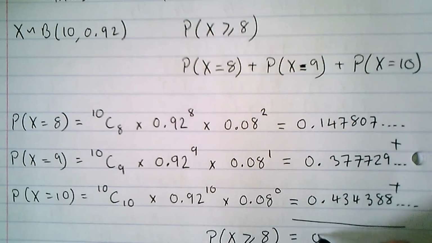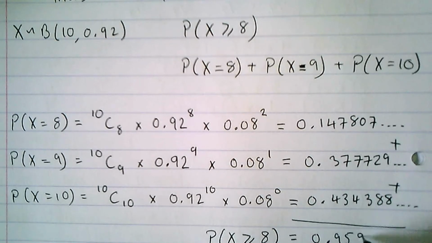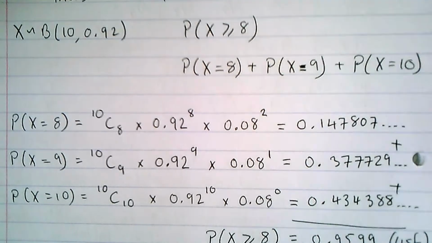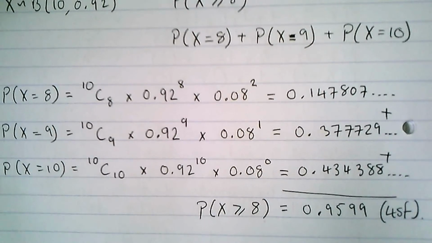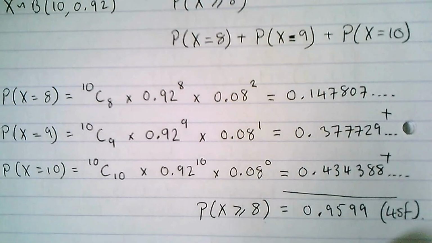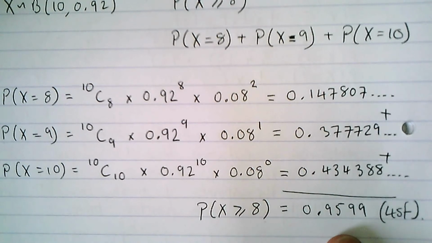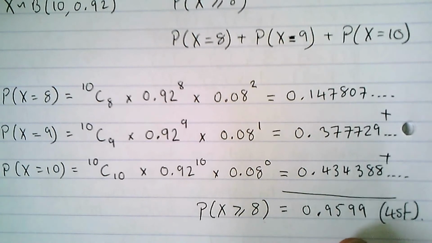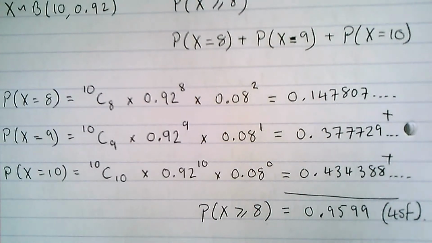So here we get 0.9599, and that there is 4 significant figures, which you will find is the standard degree of accuracy that most examiners will look for, even if they're not asking for it outright. 4 significant figures for probability is generally accepted.